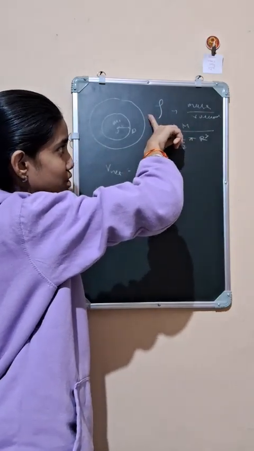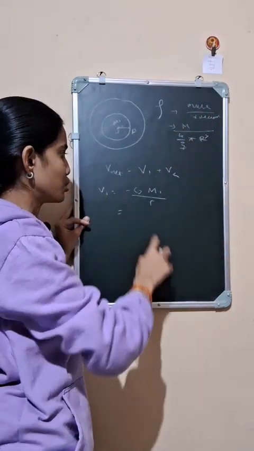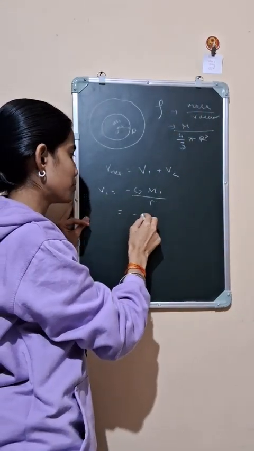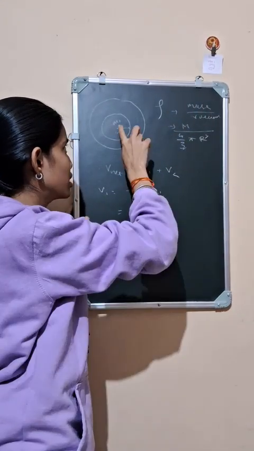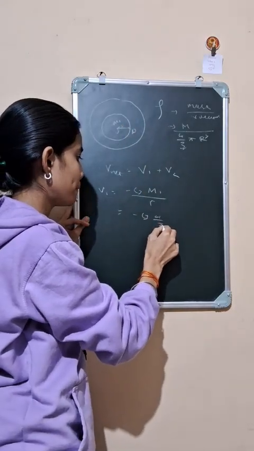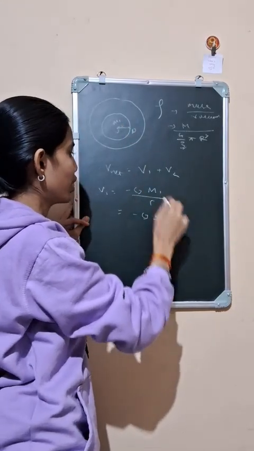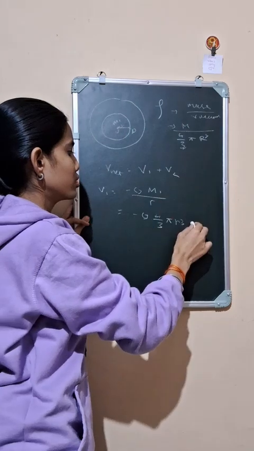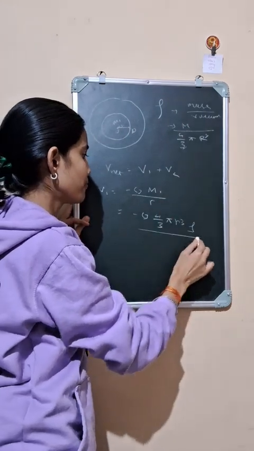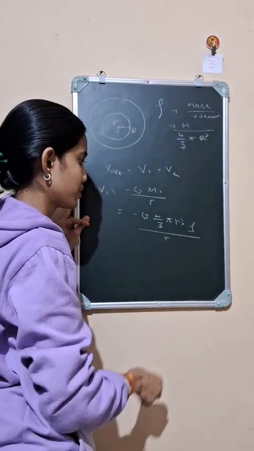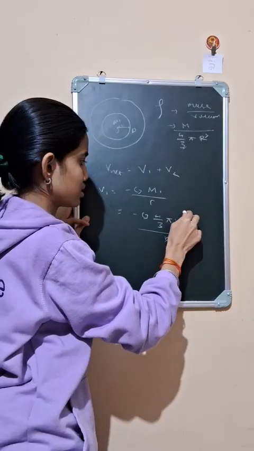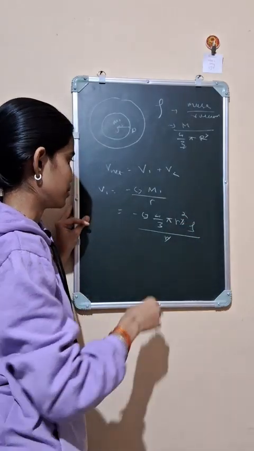Volume into volume mass density will give us mass. So for mass we can replace it with minus G. Here the volume will be 4 by 3 pi small r cube, rho by small r. Here we can cancel a small r, 4 by 3 pi r.